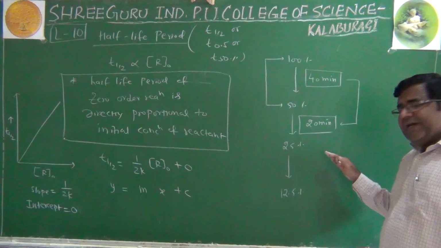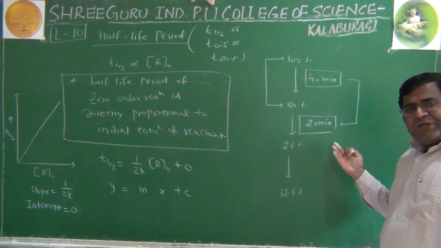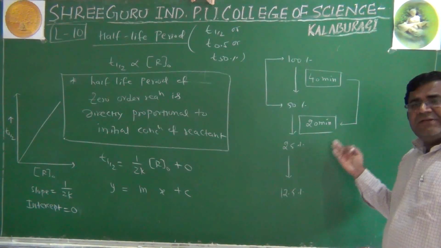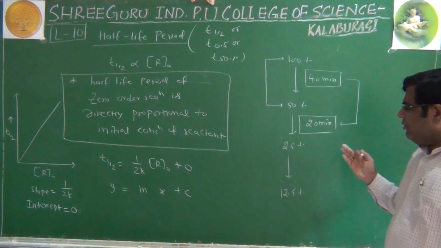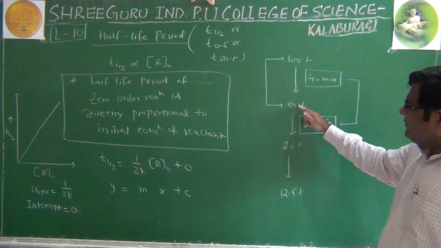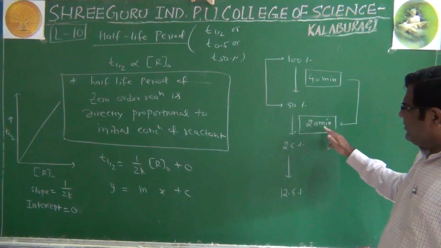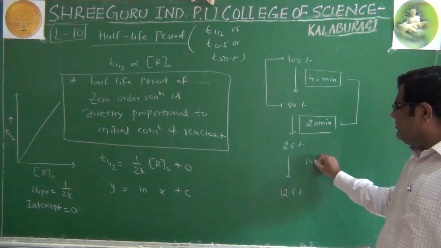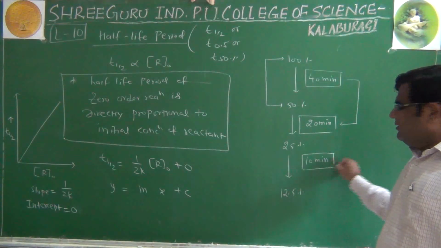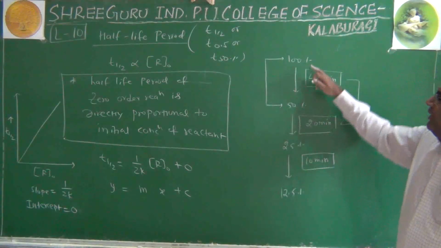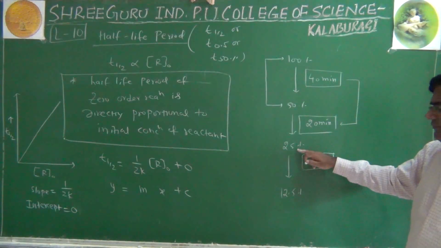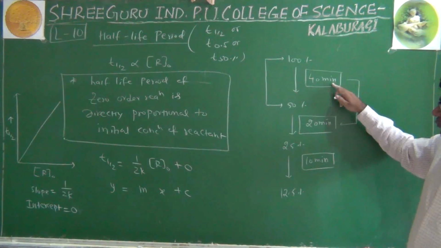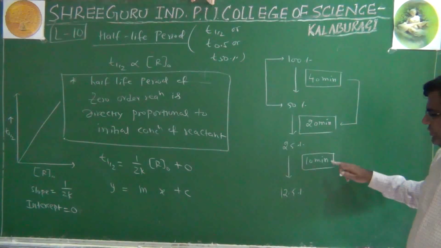For first order reaction, we will come across a different type of relation. But for zero order reaction, half-life period is directly proportional to the initial concentration. So from 50% to 25% it is 20 minutes, and from 25% to 12.5% it is 10 minutes, because the initial concentration has been halved, so the half-life goes from 40 minutes to 20 minutes, then 10 minutes.